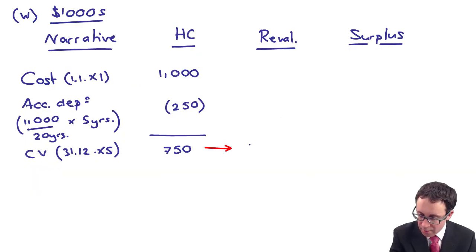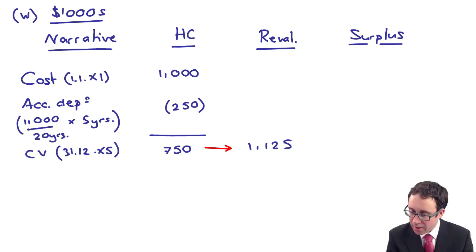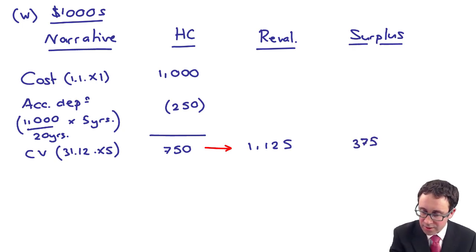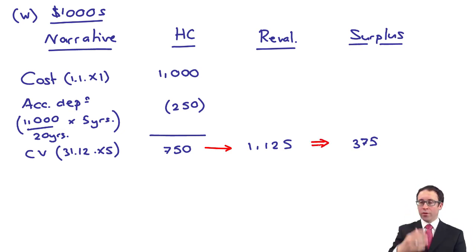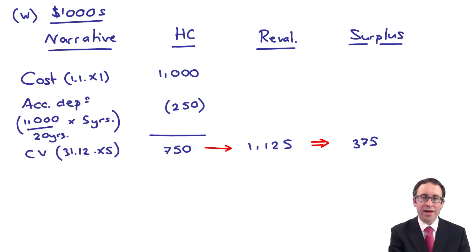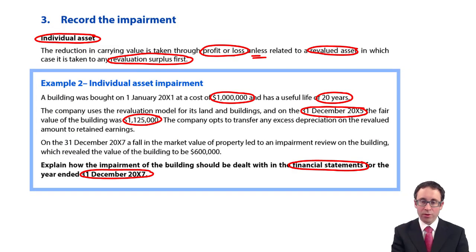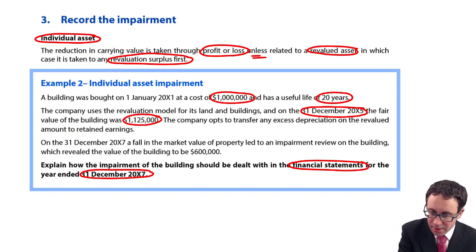So does that give me 1125 and a surplus of 375? That is what will have been recorded in OCI in 20X5. Okay, brilliant. But we're not really interested too much in X5. We want to know what happens in X7, don't we?